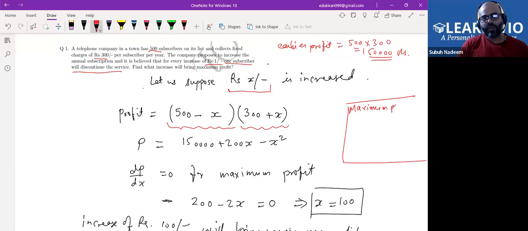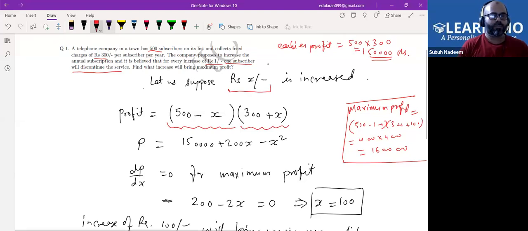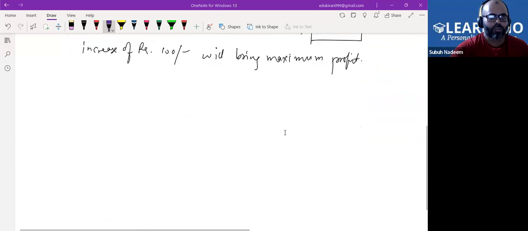Maximum profit in that case will be 500 minus 100 into 300 plus 100, which is 400 into 400, which is 160,000. Okay, done. Now let us come to the next question.